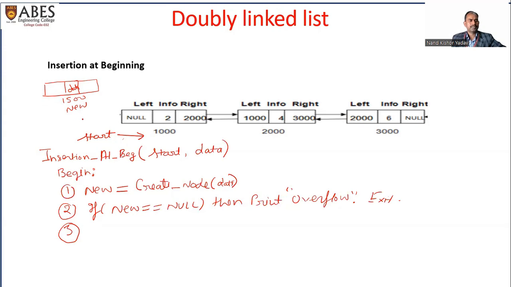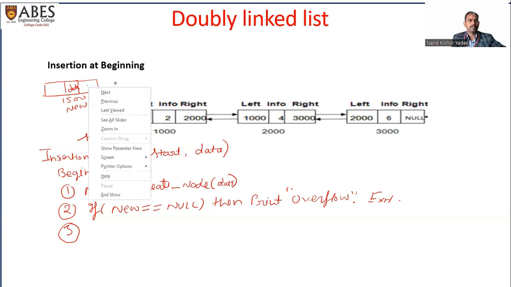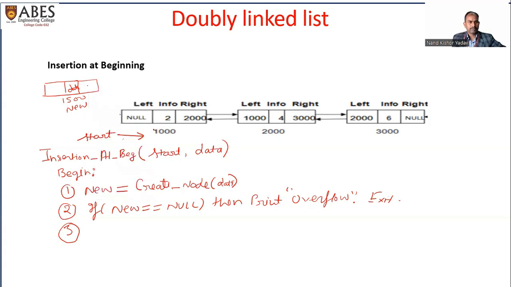Firstly, let's discuss what changes we have to do in this node. Now the starting node is this one. So we have to connect the new node with the start node. How do we do that? We have to put this address 1000 into right of new, meaning we have to move this address here.